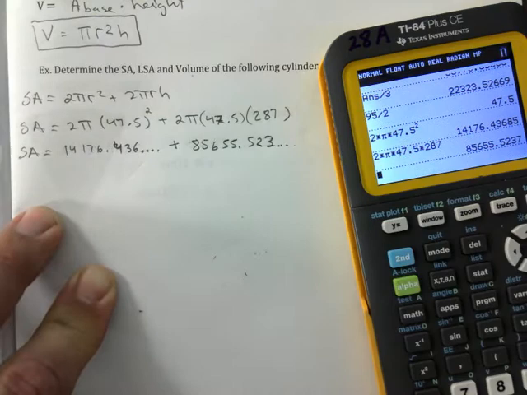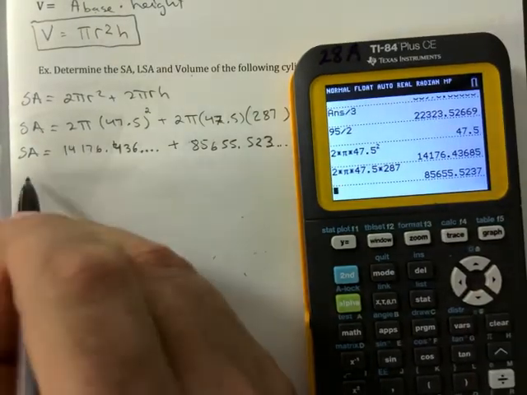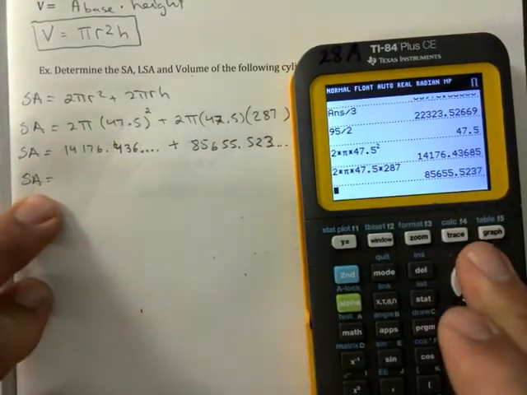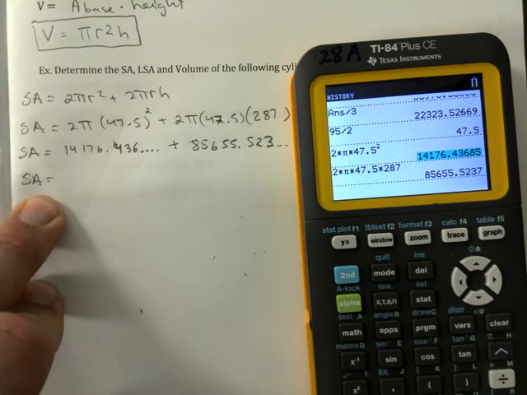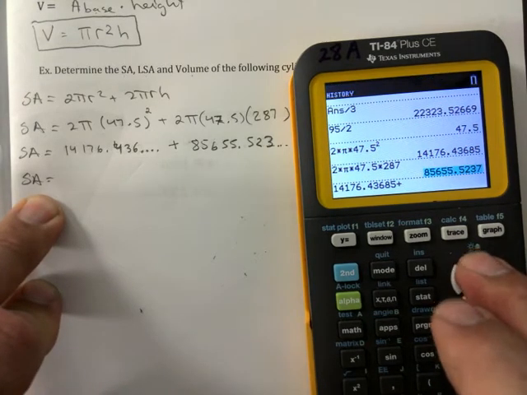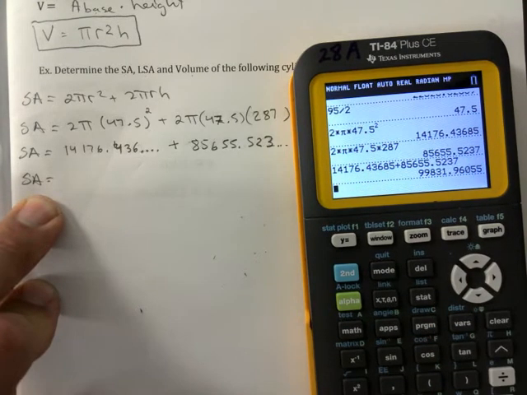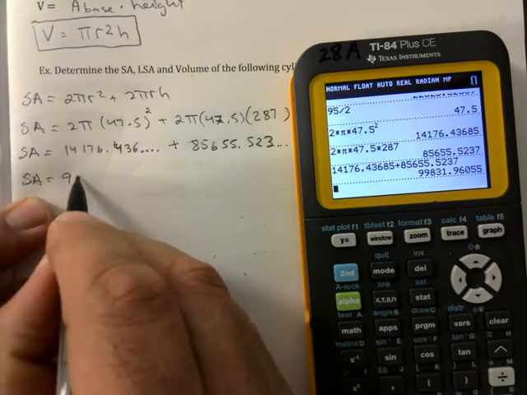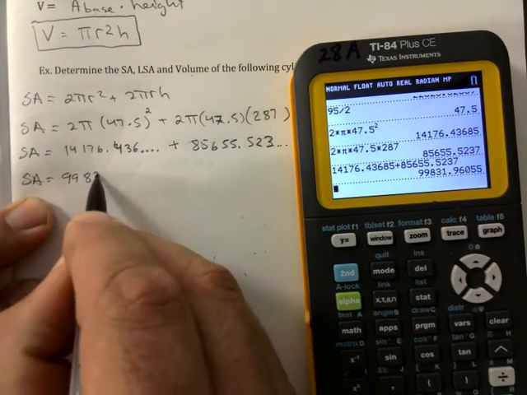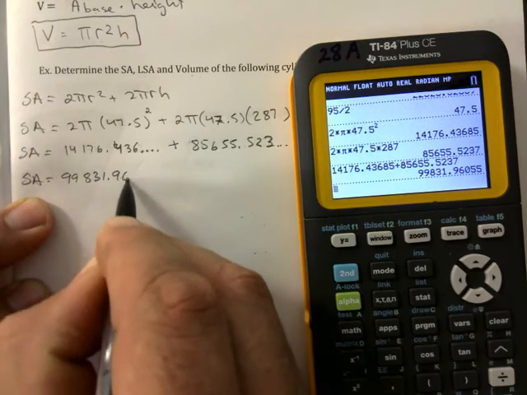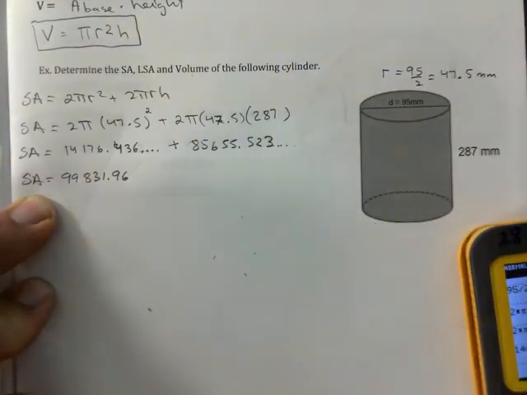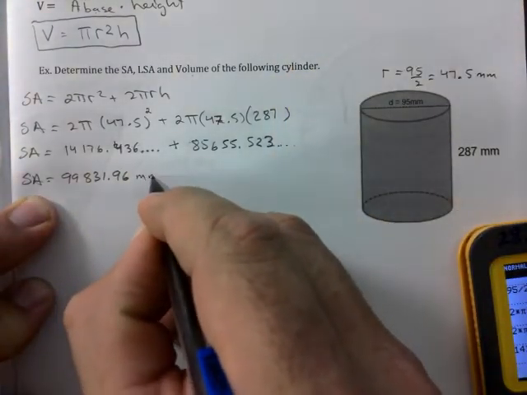And just keep going like that. And my final step is then I'm just going to copy the numbers, right? That number plus the previous number. And so my surface area is 99,831.96. And I am in millimeters squared.